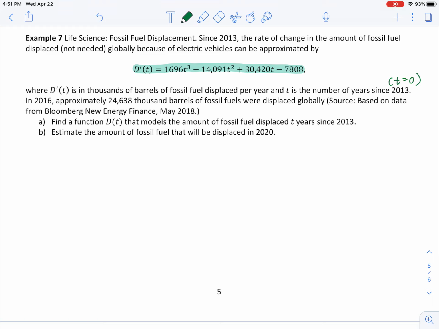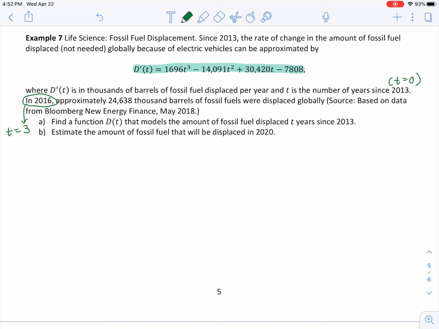I hate it whenever they do that. So for 2013, t equals 0. If I'm looking at 2020, t will be 2020 minus 2013. Okay, so I'll remember that, and I will also remember that this is given in thousands of barrels of fossil fuel.